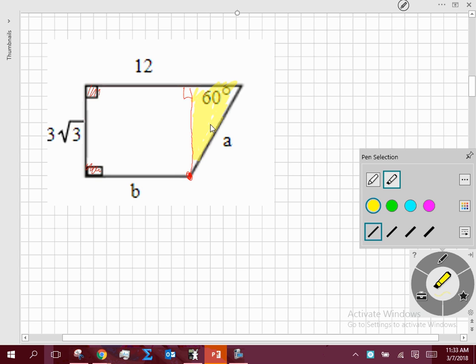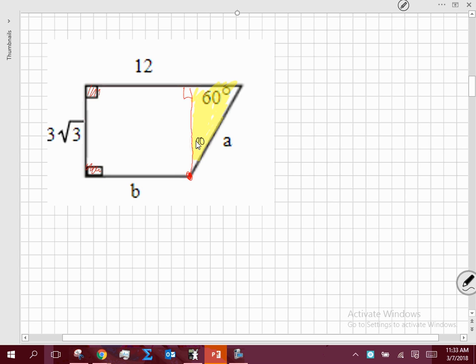Okay. Now, think about this. If this is 30, 60, 90, that's 30 degrees. So when they say 12 here, guys, 12 is that entire distance. Right now, based off of that 12, I don't know anything about this triangle. But I do know something about this triangle in regards to that number there, right?